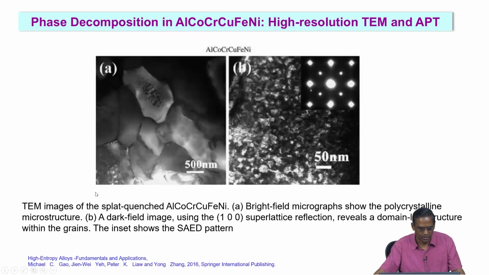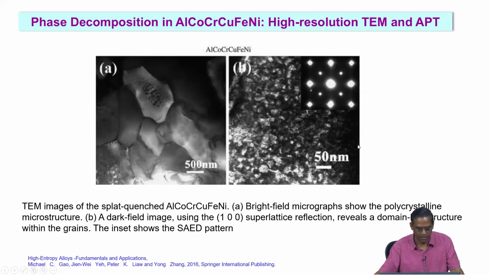So, these are TEM images of this splat quenched single phase alloy, and this bright field image shows a polycrystalline microstructure, and what you see is, again I am telling you, this bright and dark contrast is because of the diffraction contrast, right, and a dark field image using the 100 superlattice reflection reveals domain-like structures within the grains.